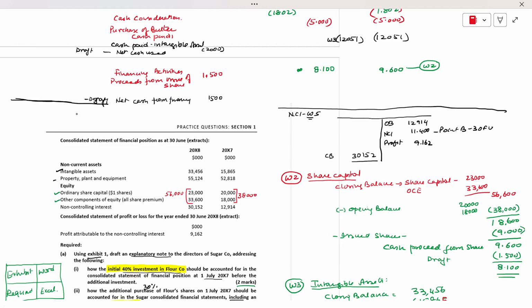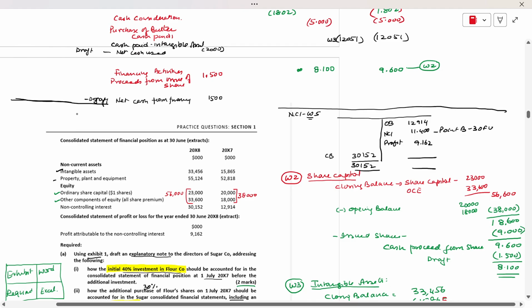Closing balance is this. How much is that difference? Tell me. Which side is more? 3152. 12914 plus 11400 plus 9162 minus 3152.